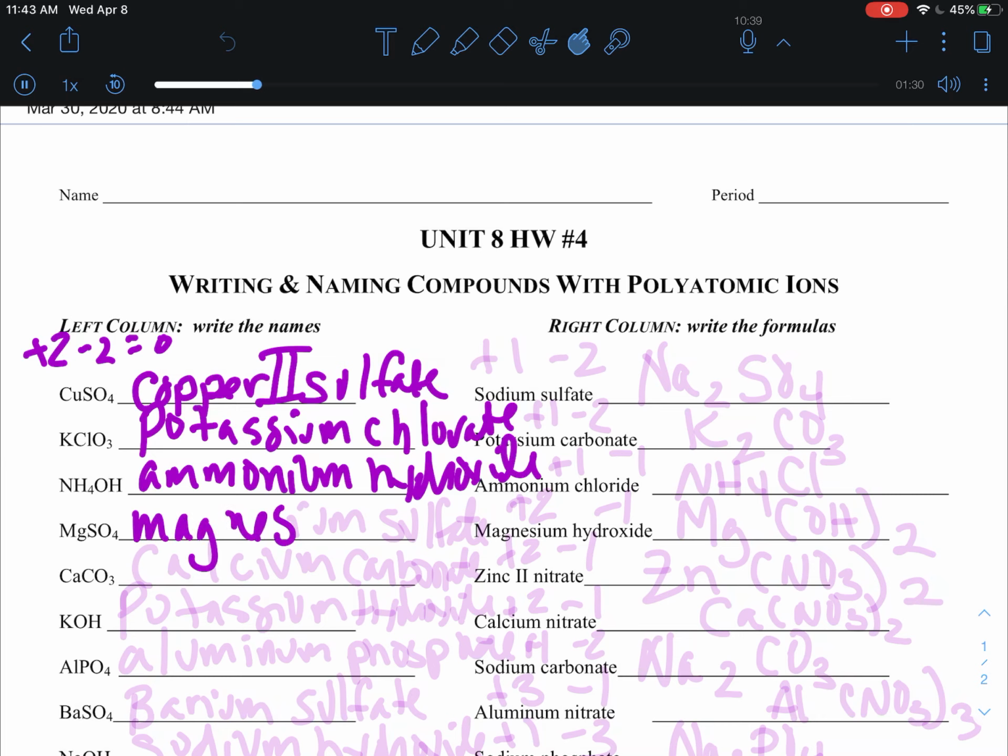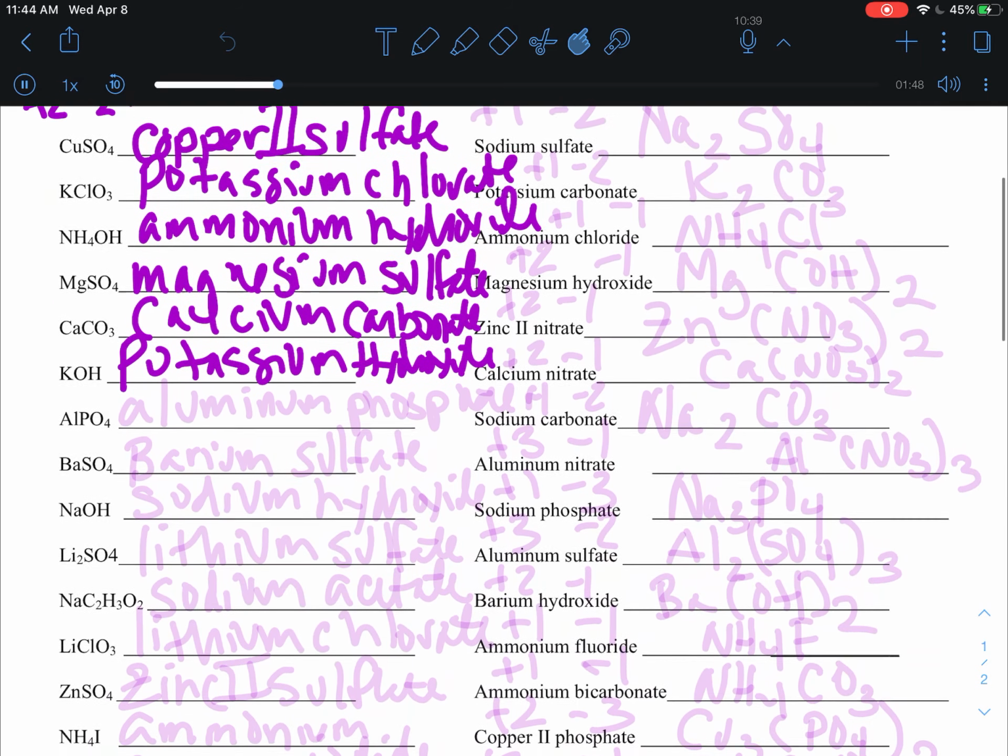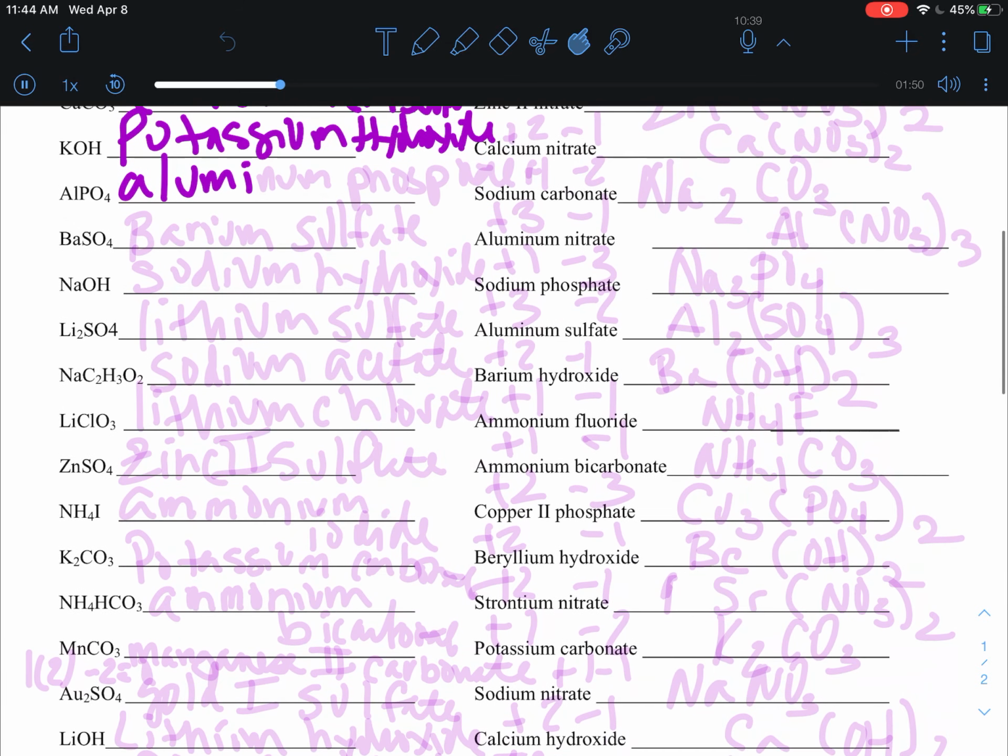Magnesium sulfate, calcium carbonate, running out of room, potassium hydroxide, aluminum phosphate, right?